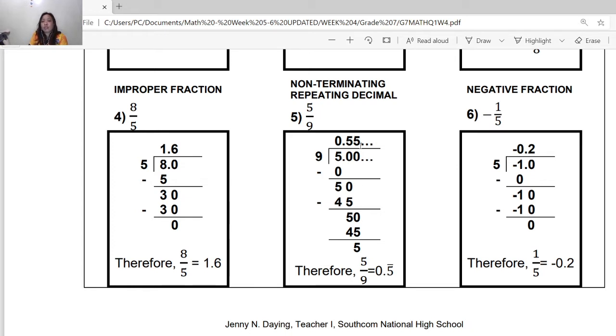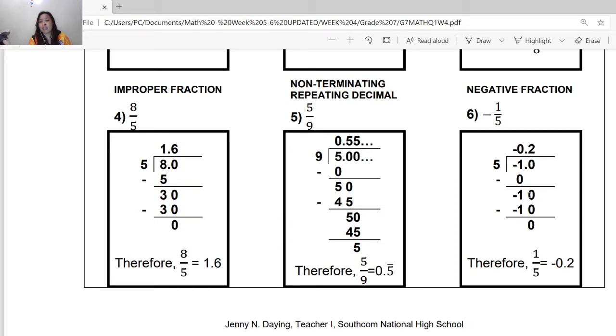Number 6, we have negative 1/5. So we have there negative 1 divided by 5. Negative 1 divided by 5 is 0. Okay, 0 times 5 is 0. So bring down negative 1, and we will add 0. So decimal point, do not forget, but you have to add 0 and bring down 0.